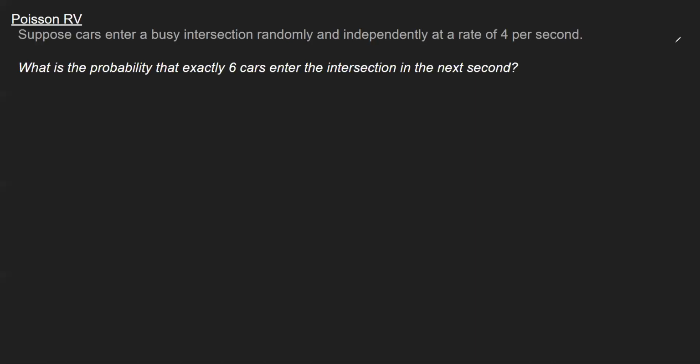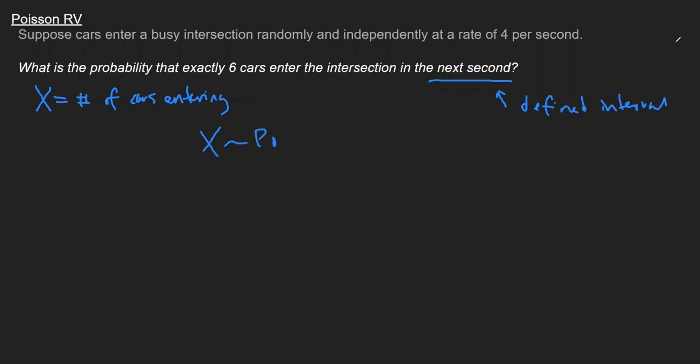So what we have here is we're counting the number of cars. I'm going to define my random variable here, X, the number of cars entering. Because I'm looking at counting relative to an interval, this is our defined interval, then this implies that X is Poisson.